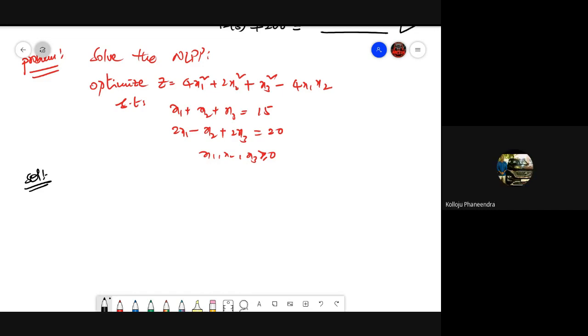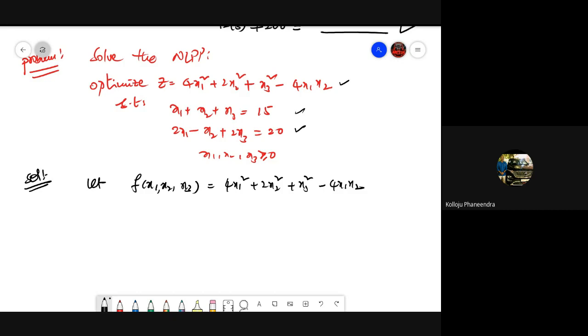Okay. Now, coming to this problem structure: three variables, objective function with two equality constraints. So I'm starting. The objective function is f of x1, x2, x3 equal to 4x1 square plus 2x2 square plus x3 square minus 4x1 x2.